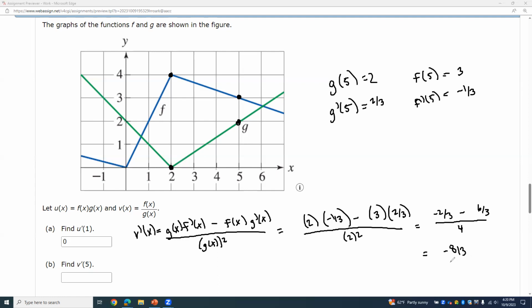And then this is divided by 4, which is the same thing as -8/3 times 1 over 4, which, if we simplify by canceling out some common factors, comes down to -2/3. Look at that. That's great. But you could also clear the fractions out by multiplying everything by 3, and you would still get the same thing as -2/3. But really, it's up to you, whatever you so desire.